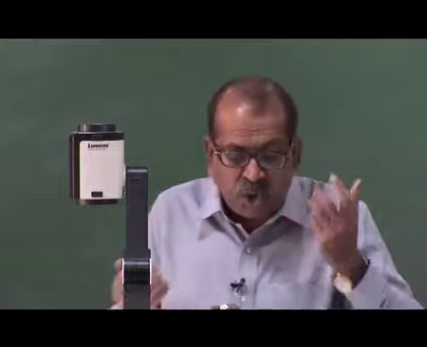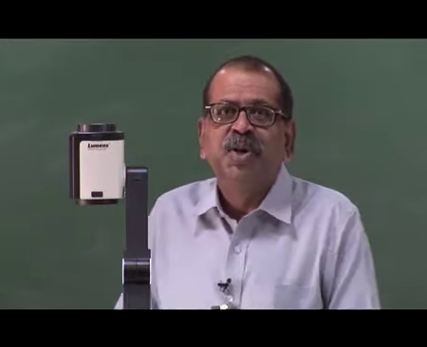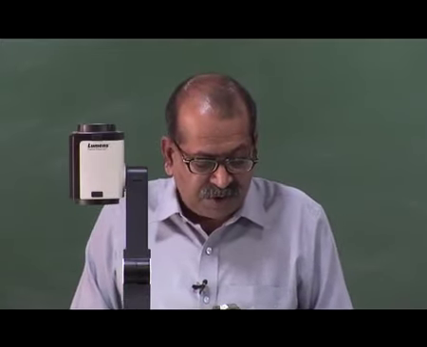Now, let us have a look at the general procedure which we have developed for solving these problems in mechanics, and I am now going to do an analysis of the procedure which we have developed.